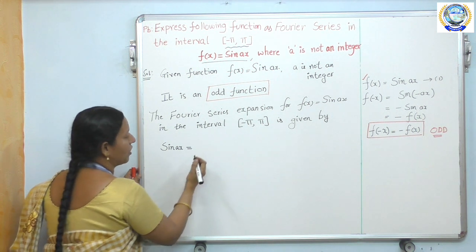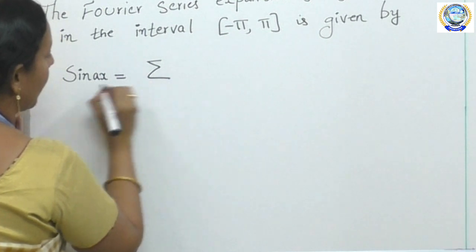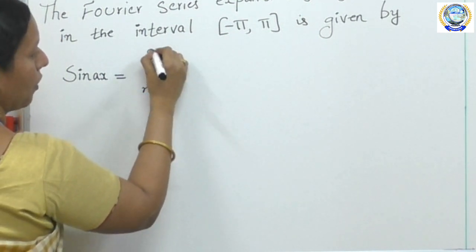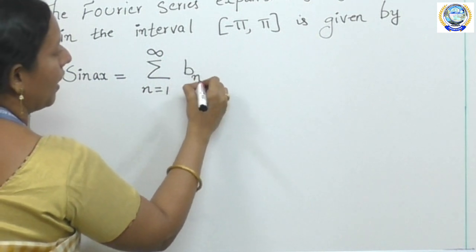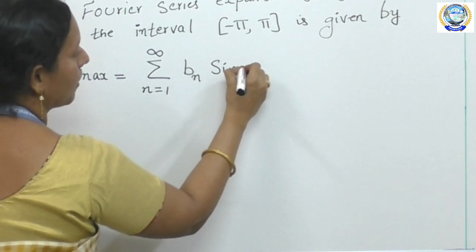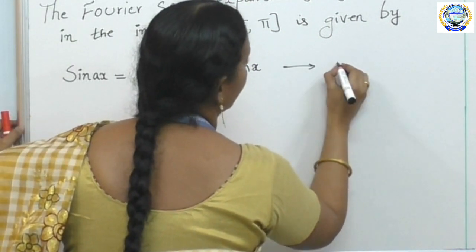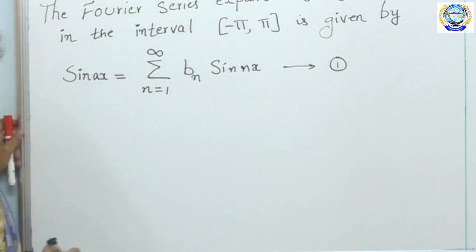So, in the expansion, we get sin ax equals sigma n equals 1 to infinity bn sin nx. Okay. Let this be equation 1.